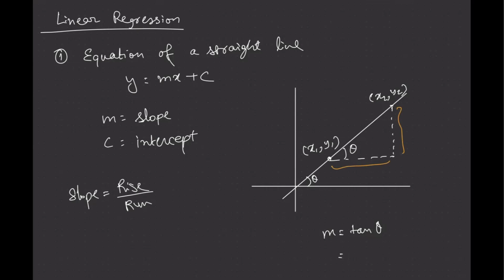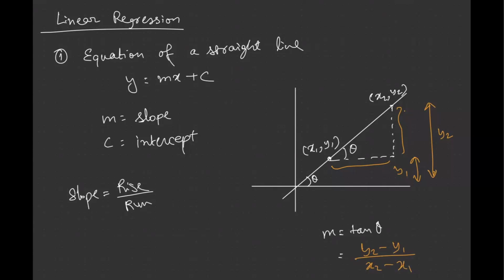So this is basically the difference between this and this, right? Now this is y2 and this is y1, right? So this is y2 minus y1, and the same thing for the one on the bottom is x2 minus x1.